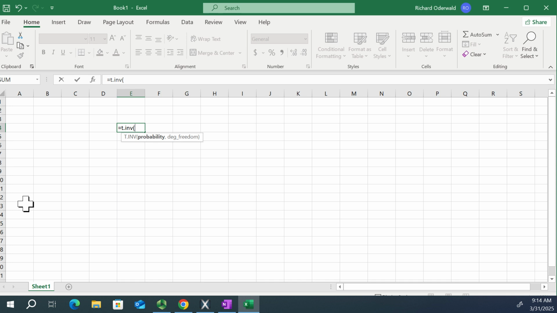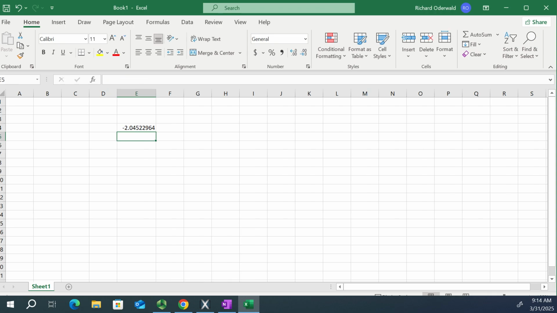So if you put in 0.025, because that's the easiest, and we have to have degrees of freedom, n minus 1, this says the t-value, the critical value that defines the rejection region, is 2.04.